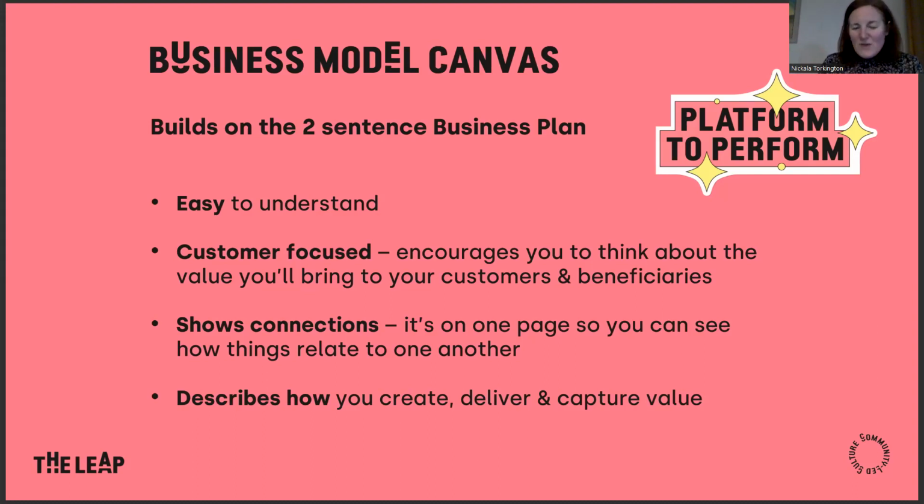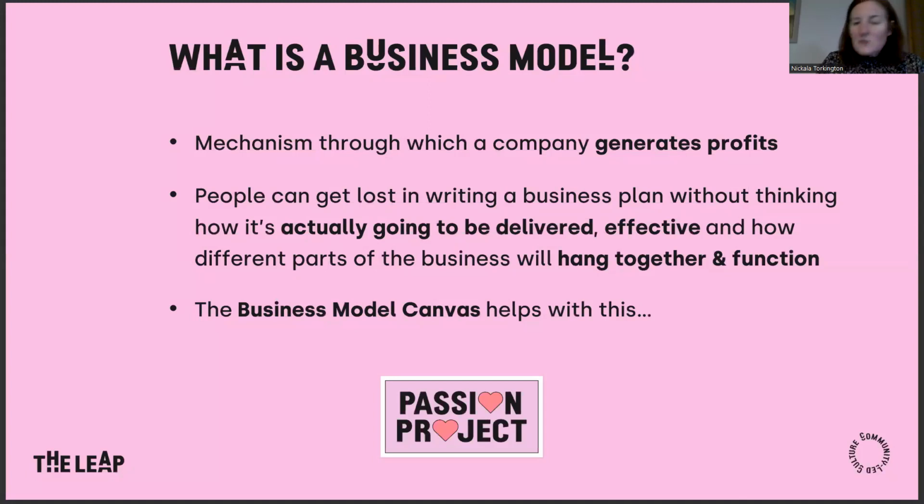And it should start to describe how you're going to create, deliver, and capture the value or the benefit of what you're doing. So let's dive in and have a look at building on that 2-sentence business plan and showing you this business model canvas. It's a tool that people have used a lot, and it's a mechanism that helps you try to show what the business model is.